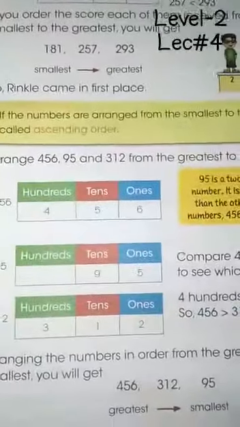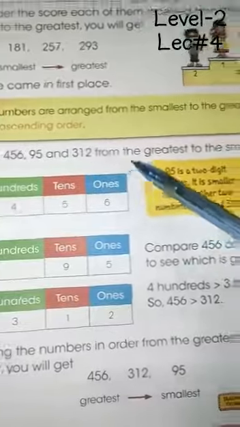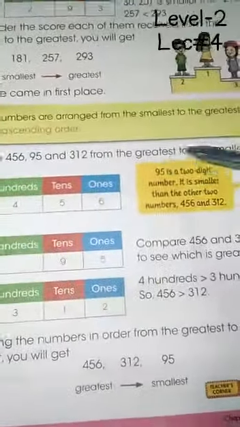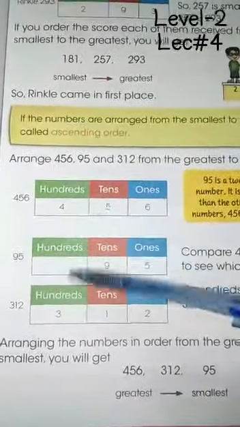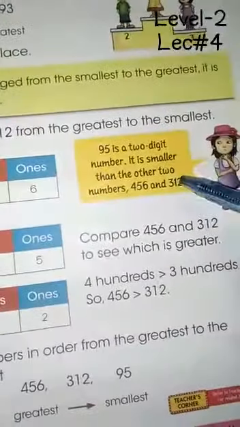So the next one is: arrange 456, 95 and 312 from greatest to smallest. We have to arrange these three numbers from greatest to smallest. Here we will place them in the place value table. Look here.